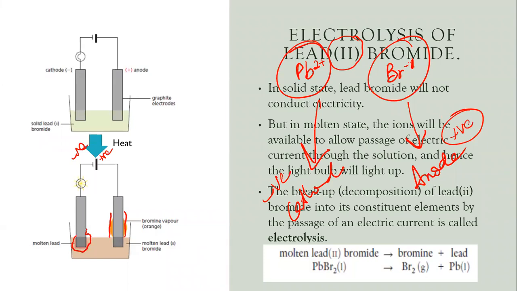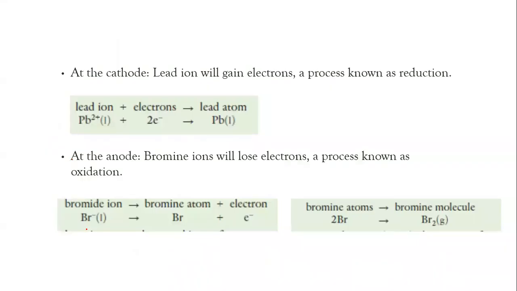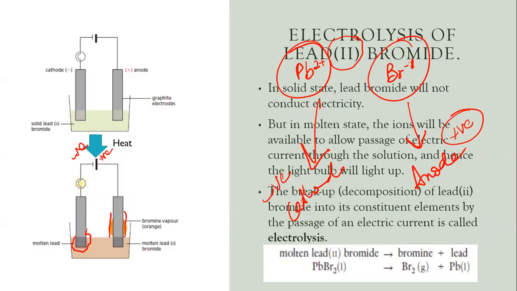Now, this was all simple so far. What we have to talk about is our equations. So these are known as half equations, what you see over here. And half equations is basically what is happening at the cathode and at the anode. So I automatically said to you that the lead is going to go towards the cathode.